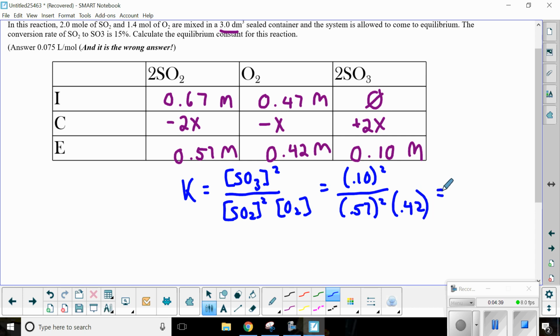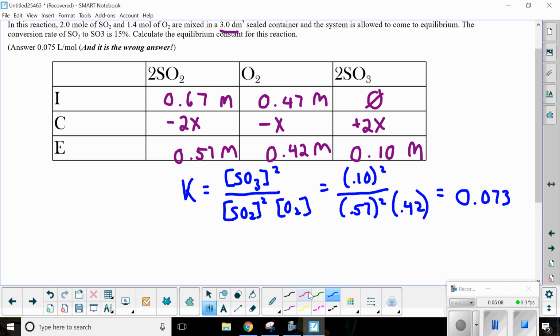Throwing all of that into my calculator. And I find it's close to what the answer should be in the book, but not exactly. It should be 0.073.